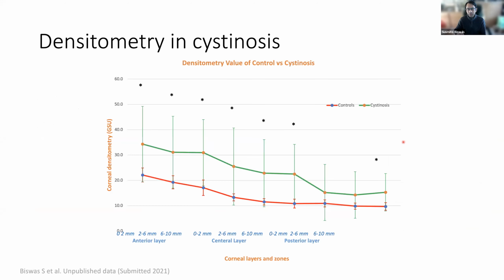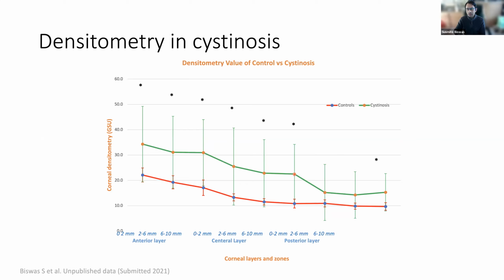And we've used this to look at our patients with cystinosis to measure their densitometry. In green here are our patients with cystinosis, and in red, these are normal age-matched patients. And you can see the densitometry readings are much higher, and significantly higher actually, in many layers of the cornea as measured with this Pentacam.